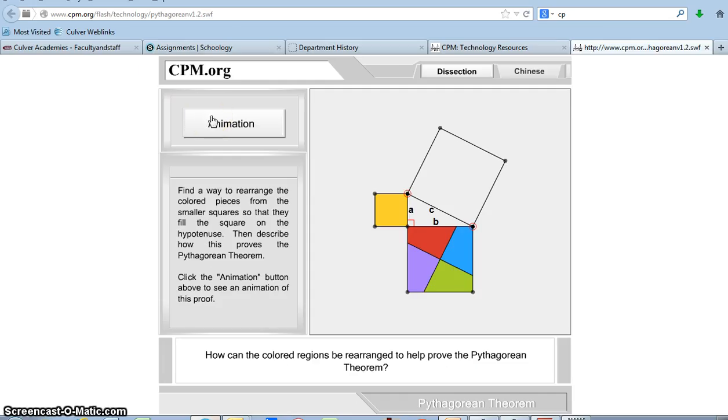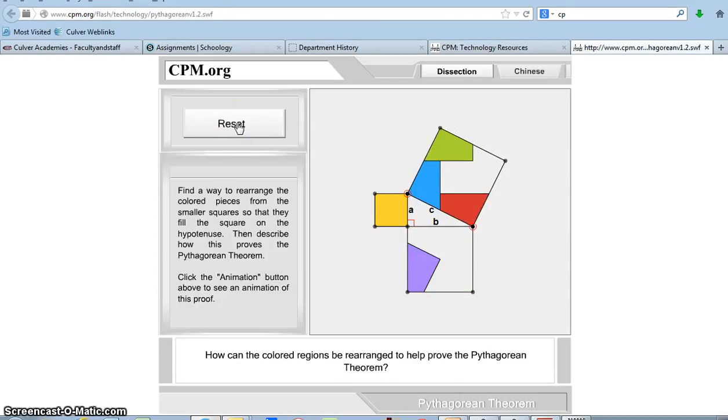Let's take a look at an animation, which is another proof for the Pythagorean theorem. So in this animation, we have a right triangle with side lengths A, B, and C. And parts of area B squared along with area A squared are being reassembled in the area that has C squared.